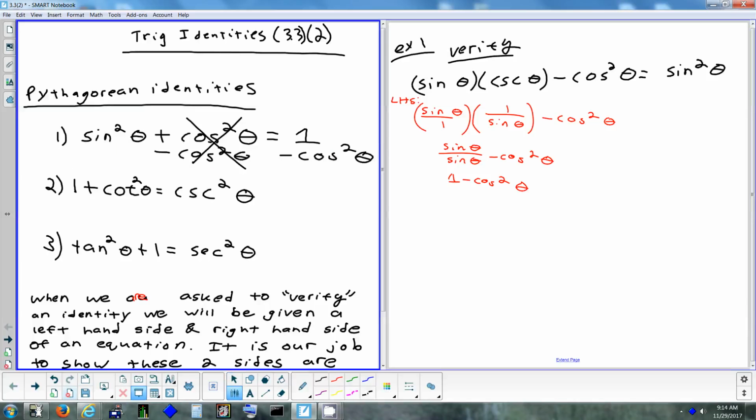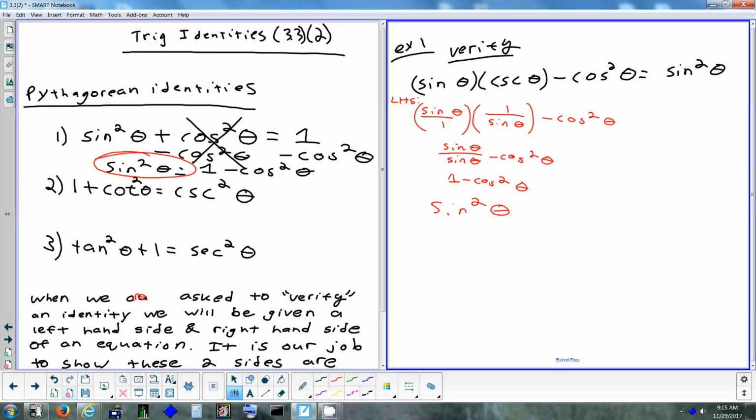That cancels out, and you get sine squared equals 1 minus cosine squared. So based on rearranging that identity, 1 minus cosine squared is sine squared. And what were we supposed to get on the right-hand side of the original problem? Sine squared. And we did.